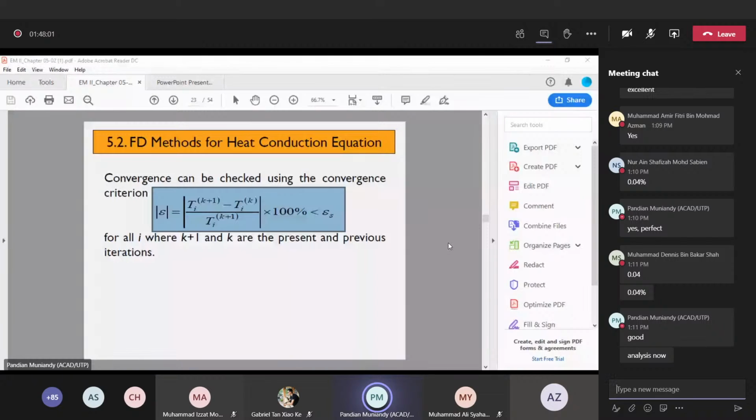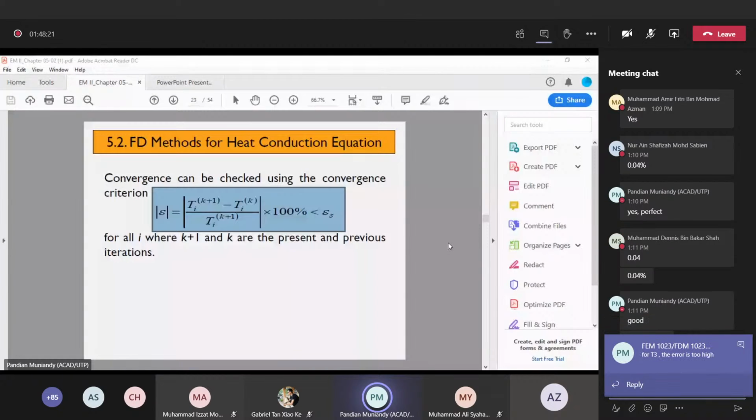For T3, the error is too high. So therefore, we have to look into another methodology.